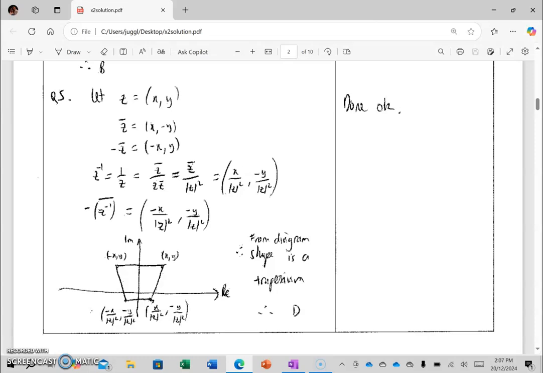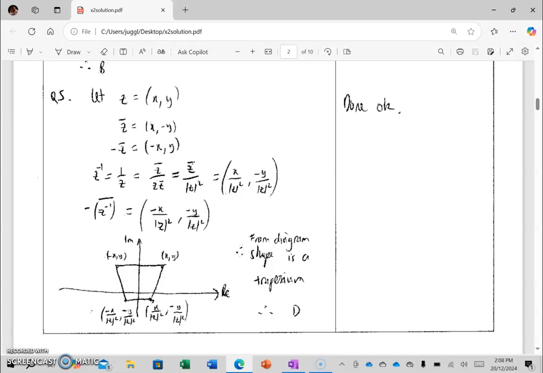Question 5 was done okay. The easiest way was to let z be x, y. Then you can work out what negative z-bar was, which was negative x, y. Notice it's the same height. Then it said z to the power of negative 1, which is 1 on z, which is the conjugate of z over the length of z squared, and you're told that the length of z is not 1.